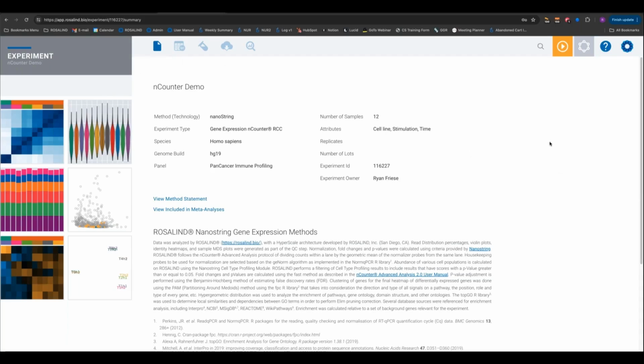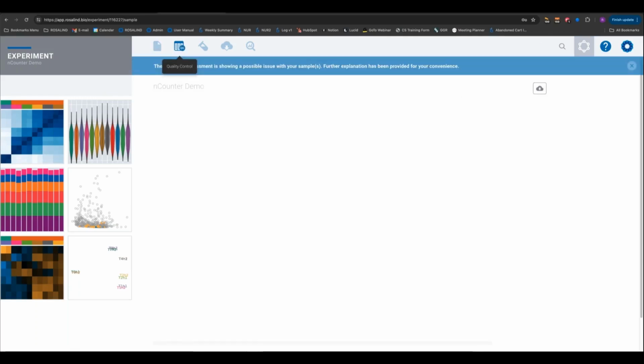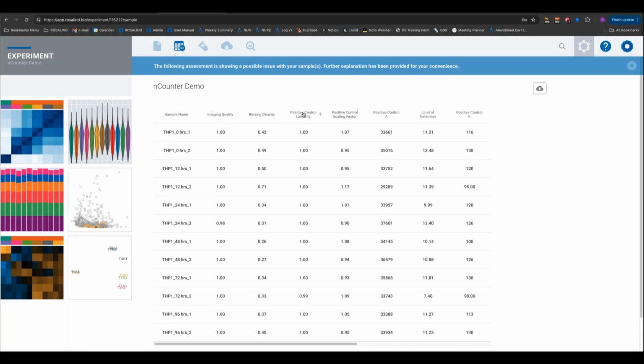Let's see, one more question. So I know you said that we would have the decision tree soon, but I guess the question is, how do I establish what are good thresholds for some of these metrics? Yeah, so the thresholds, so 2 things. If these metrics did exceed a threshold, it would be flagged directly in the Rosalind platform.